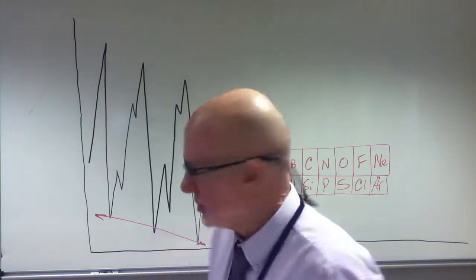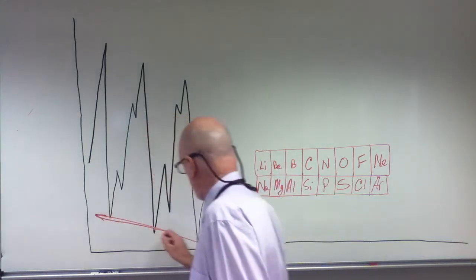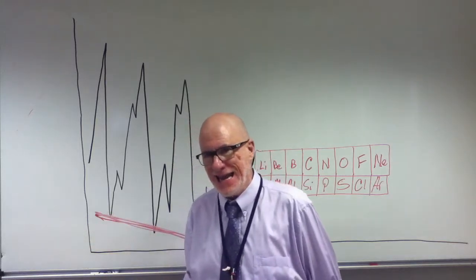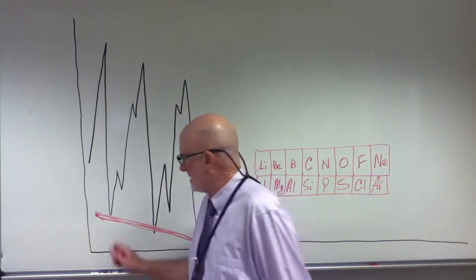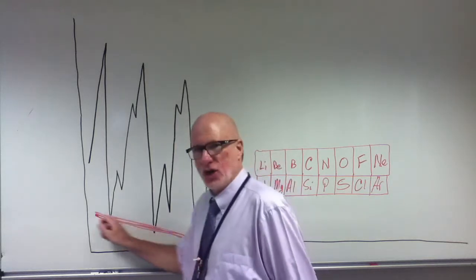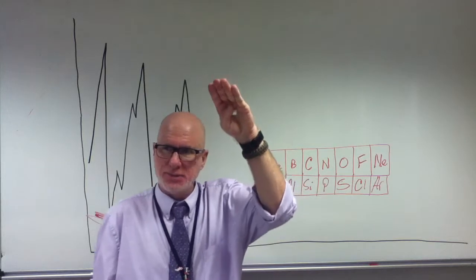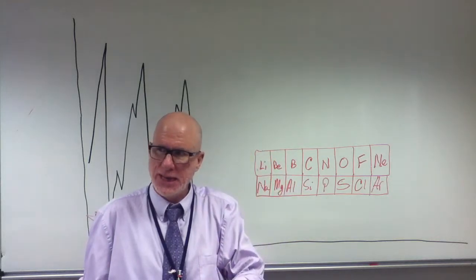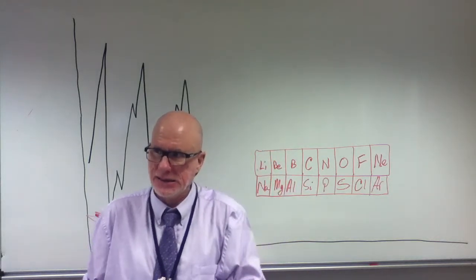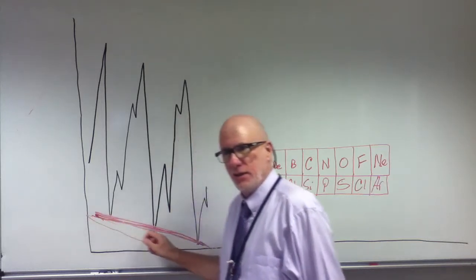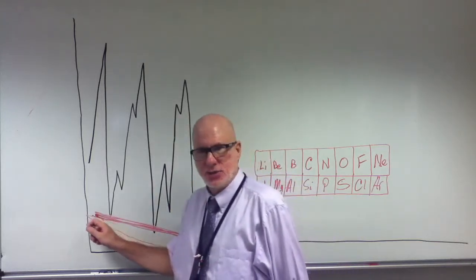Notice though that they're decreasing, right? On the periodic table, this is vertical, isn't it? So when you go down a column, down a group, the ionization energies are going to decrease.